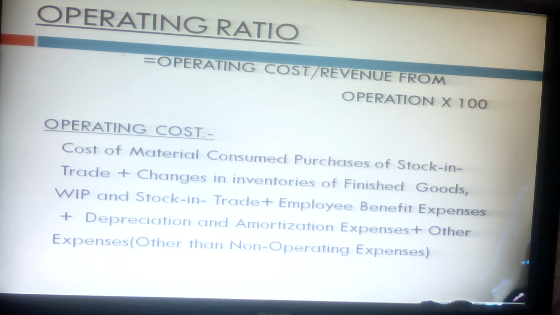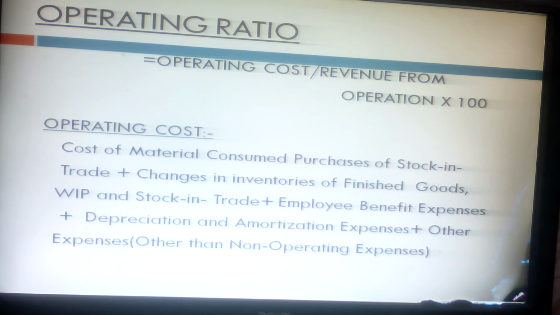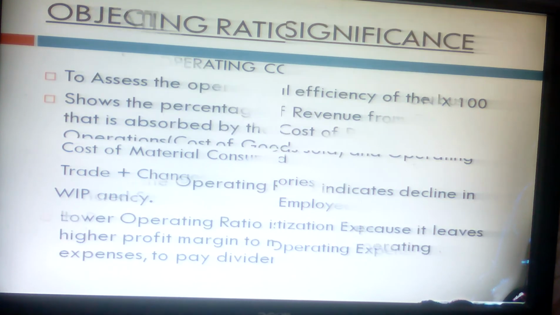Another formula we can mention here: operating cost divided by revenue from operations into 100. Operating cost is cost of material consumed, purchase of stock in trade, plus changes in inventories of finished goods, work in progress and stock in trade, employee benefit expenses, depreciation and amortization expenses, and other expenses other than non-operating expenses.